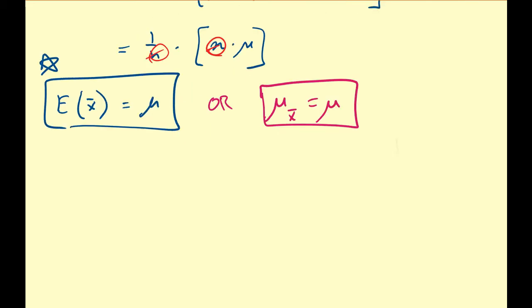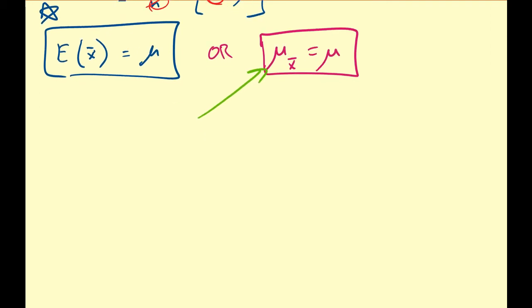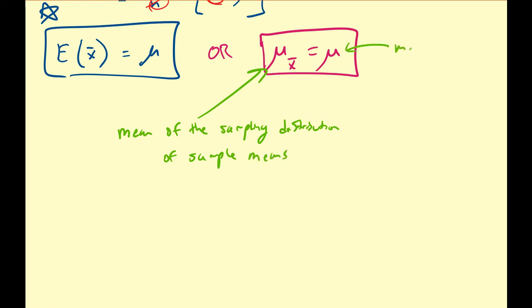Let's take a moment and explain exactly what this says. This is sometimes referred to as the mean of the sampling distribution of sample means, and this value is the traditional mean of the population.